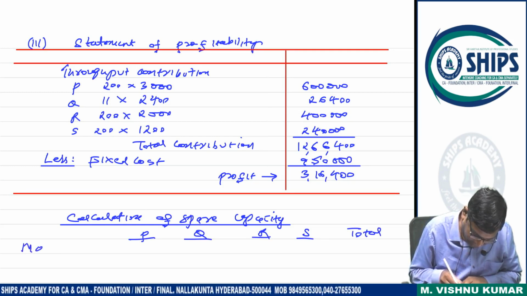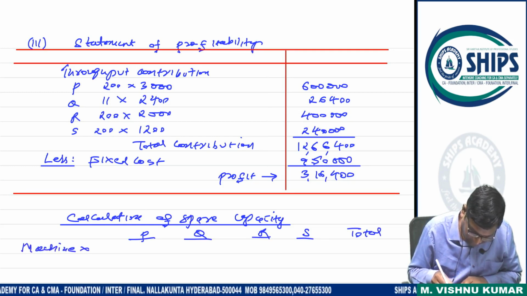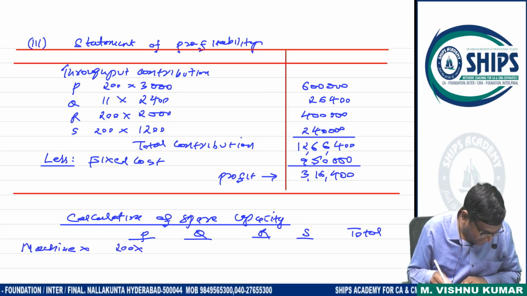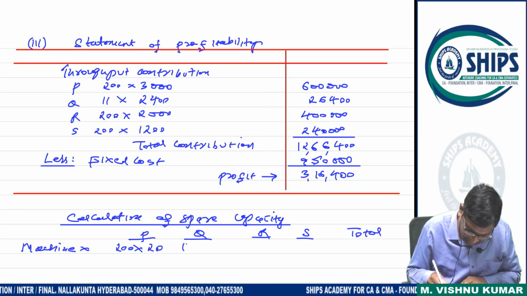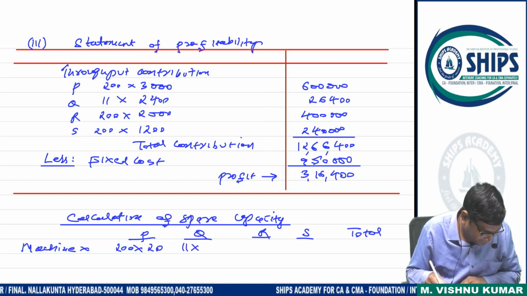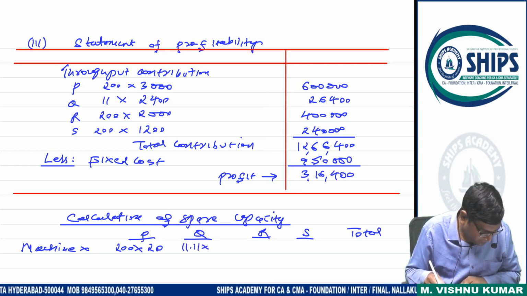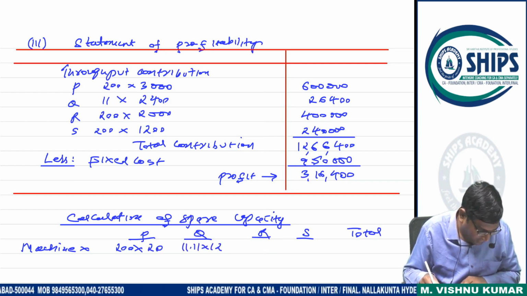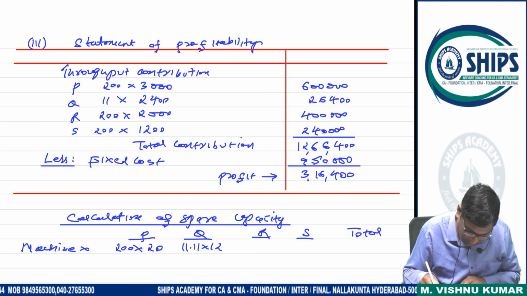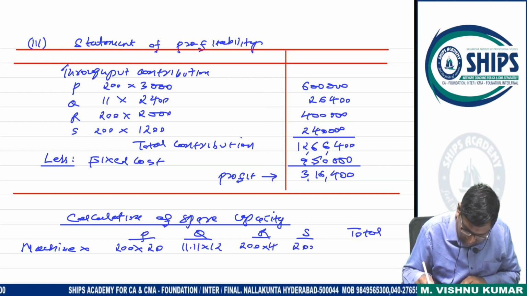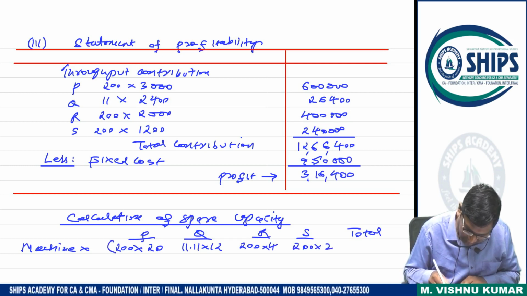Machine X. So how many units can we produce for P? 200. How much time is required if X is used? 20. Q 11 units only, 11.11 into 12. R 200 into 4. S 200 into 2. This we have to add.